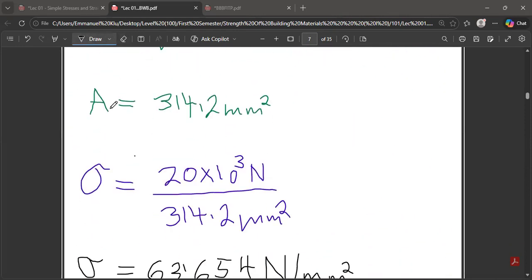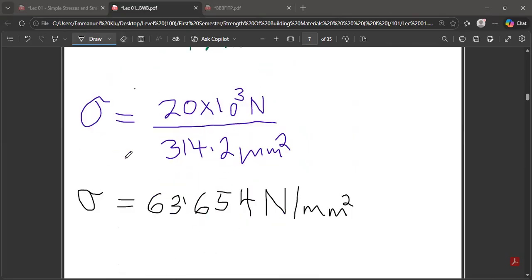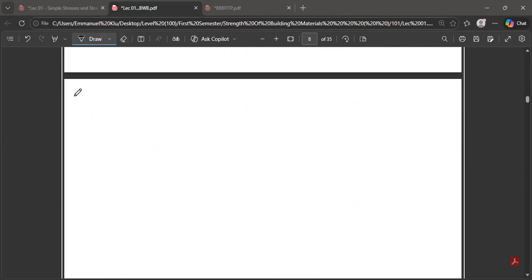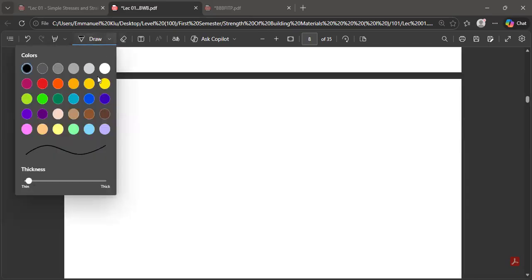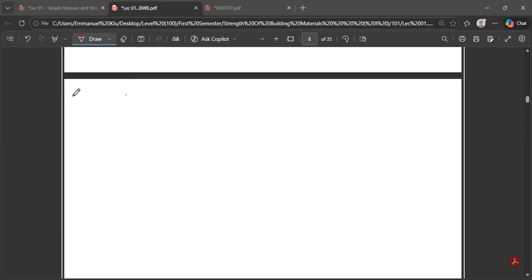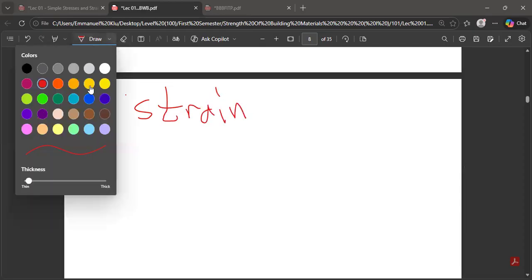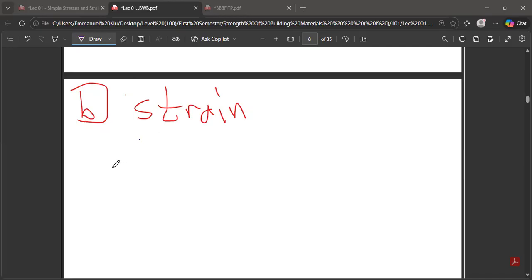The B is asking us to calculate for our strain. So let's solve B on this page. From the formulas we derived, what did we say are some possible formulas of strain?